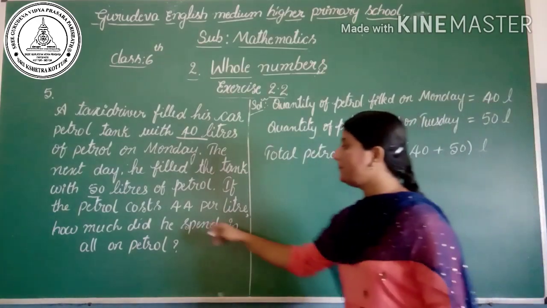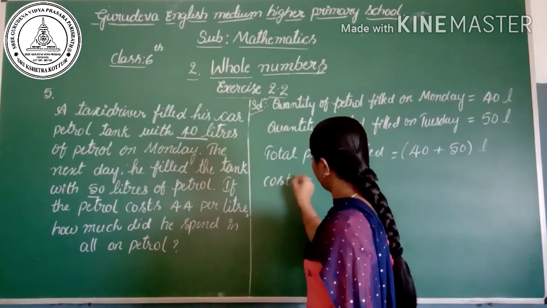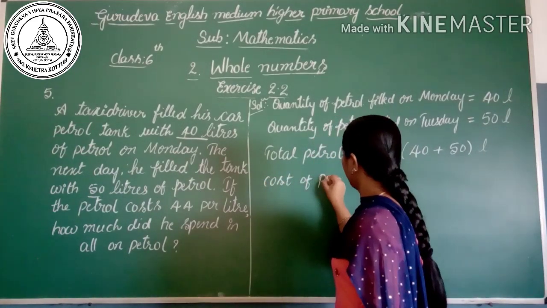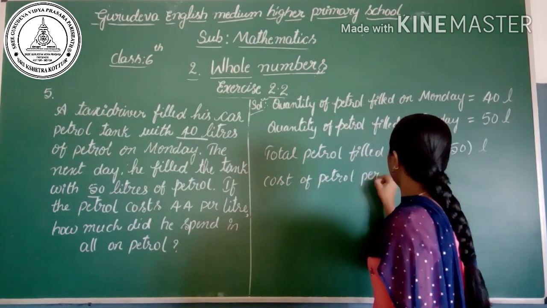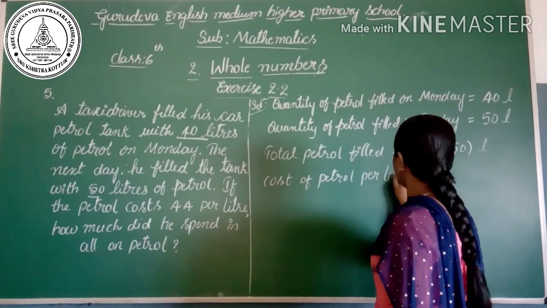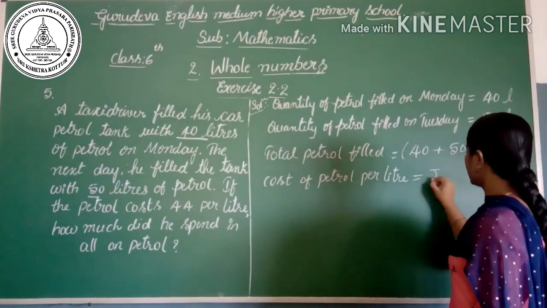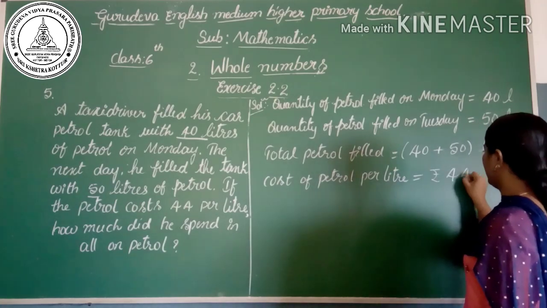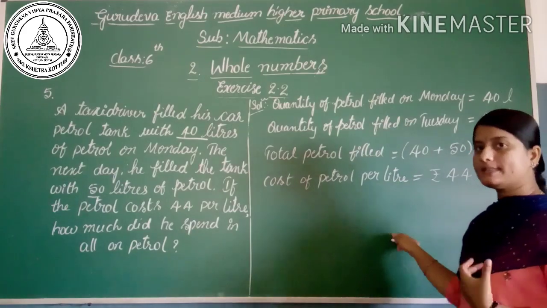Then cost of the petrol per liter, which is equals to rupees 44. Okay. Then next, total money he spent.